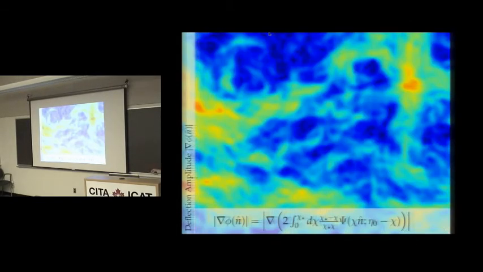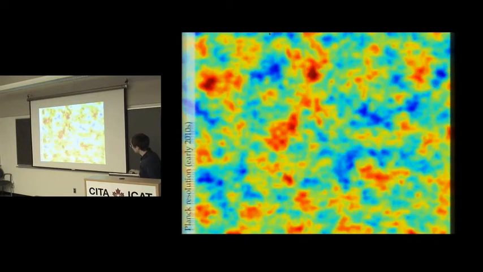This is a 10 by 10 degree patch of the sky. If you take the gradient of this lensing potential and then its absolute value, that gives you a feeling for what the magnitude of the effect looks like at different positions on the sky. Now if you take an unlensed temperature map, and then you lens it with the potential from the previous slide, this is the difference that you get.